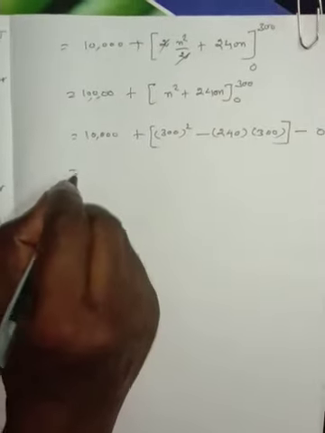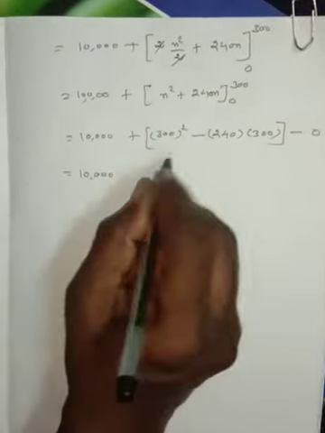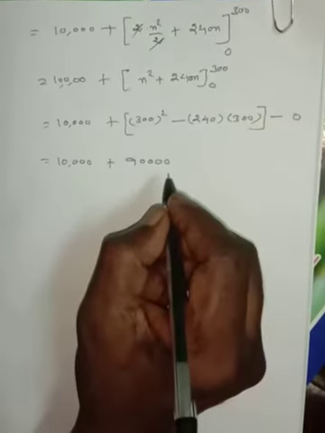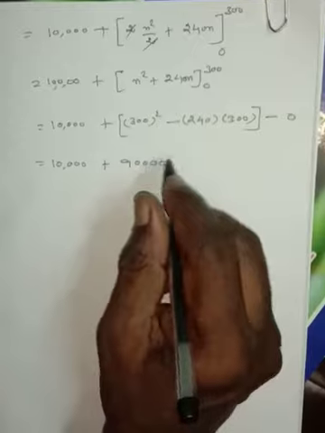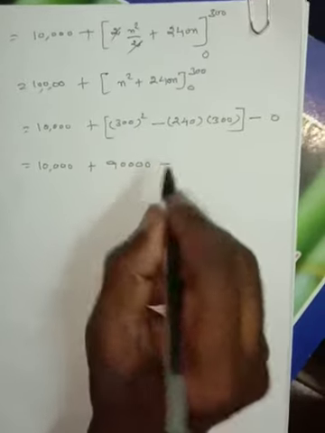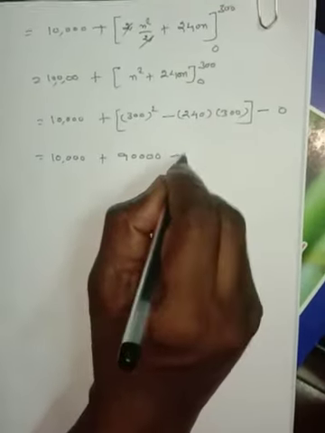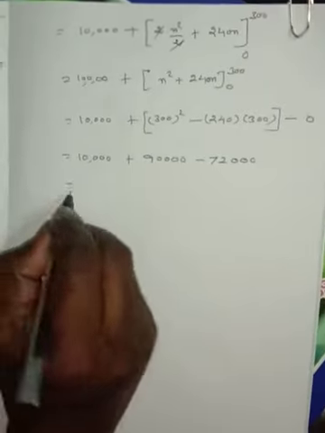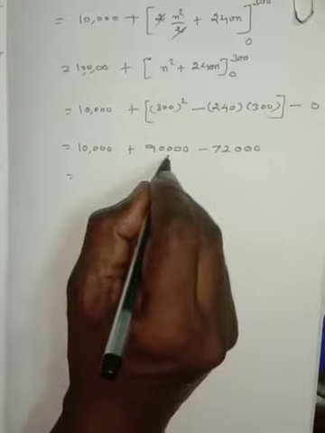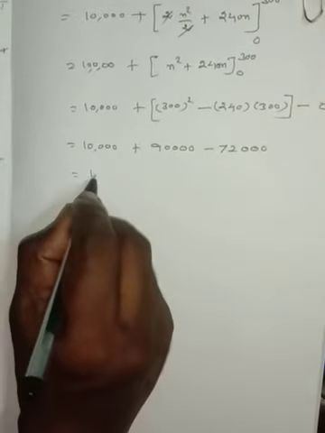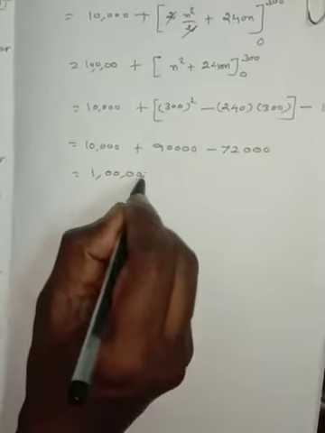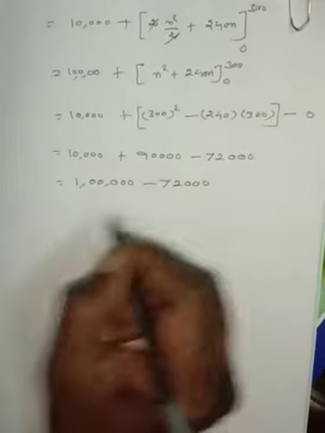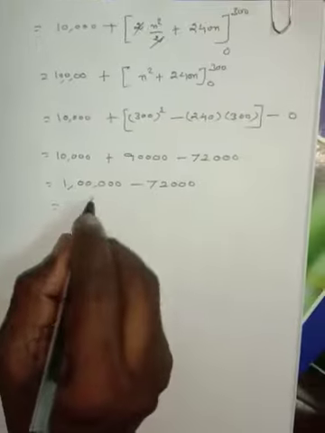Equal to 10,000 plus 90,000 minus 72,000, which is 10,000 plus 90,000 that is 1 lakh, minus 72,000, is equal to 28,000.